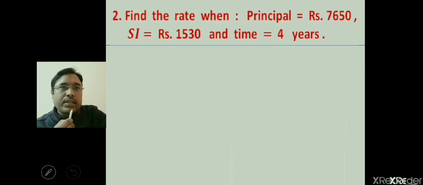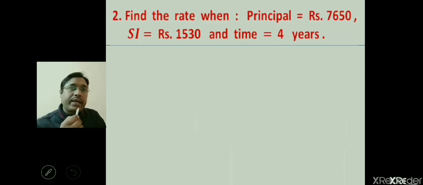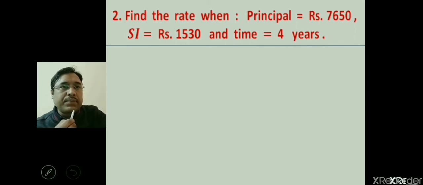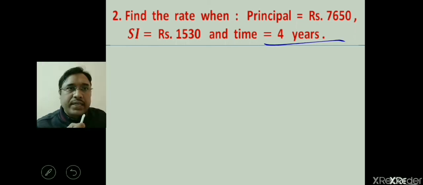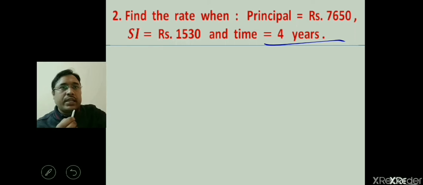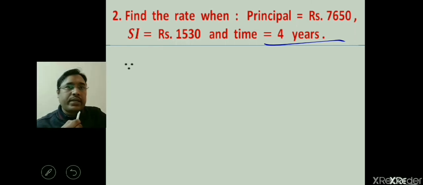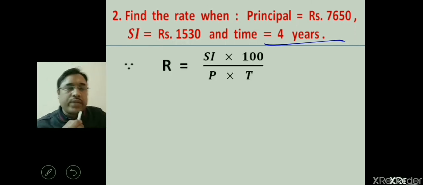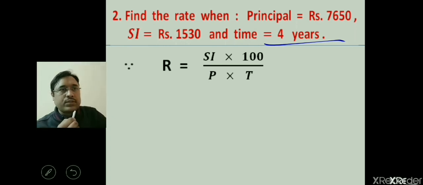Now the next question: find the rate when principal is rupees 7650. That means the money borrowed is 7650, simple interest is 1530, and the time is given as 4 years. First write the formula I have given you. Because you have to find the rate, rate equals SI into 100 by principal into time.